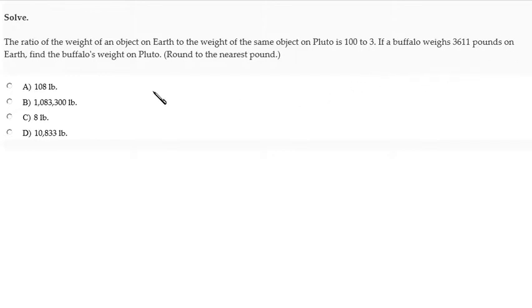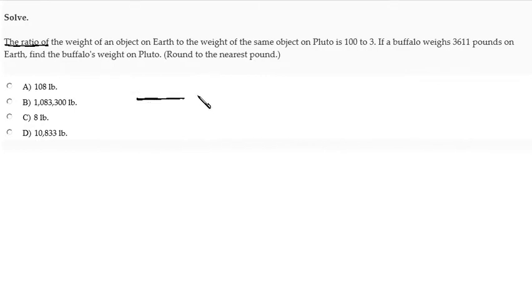Okay, they are mentioning from the very beginning of this problem that it is going to involve a ratio. We are able to write a ratio as a fraction.